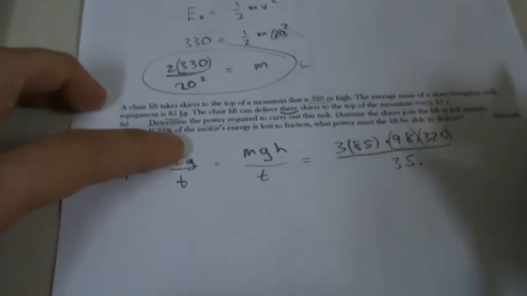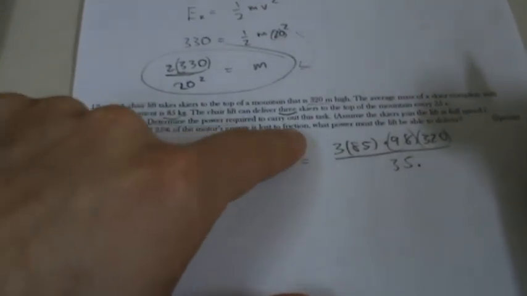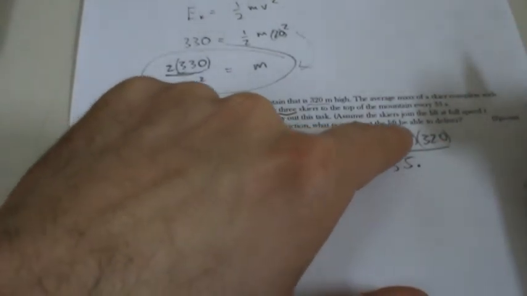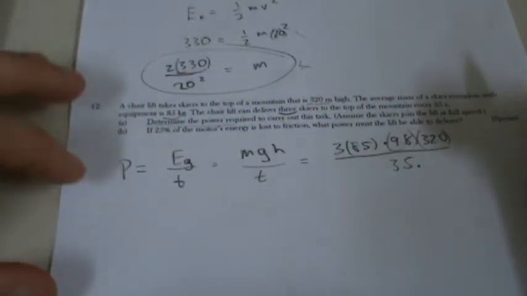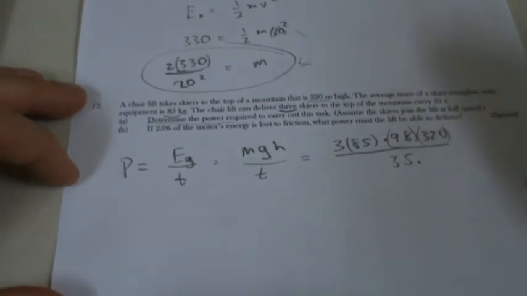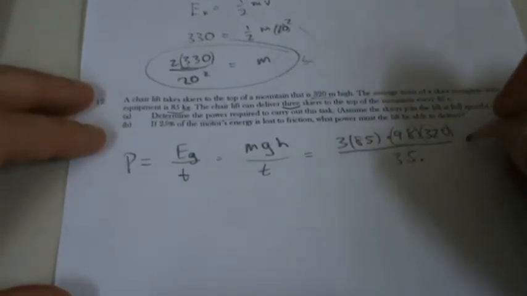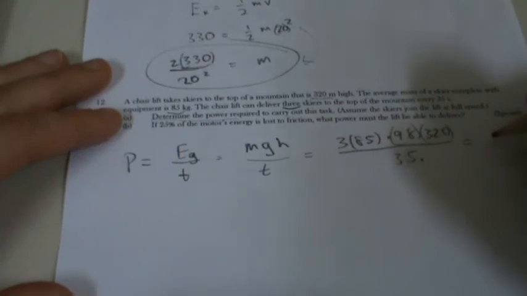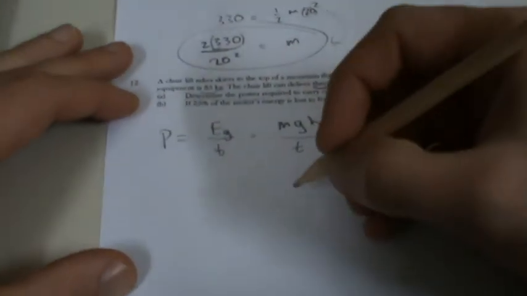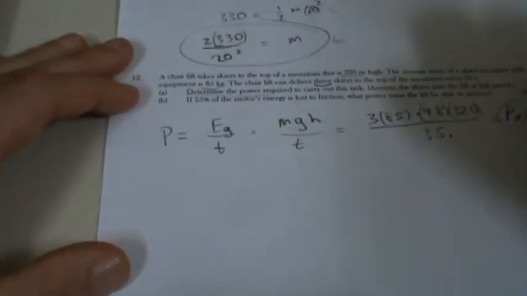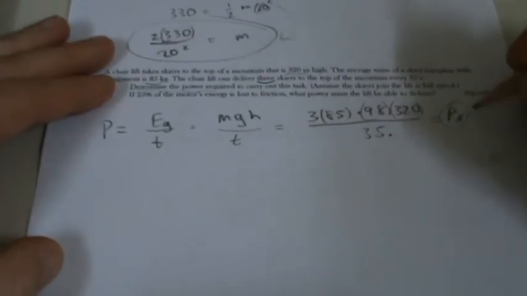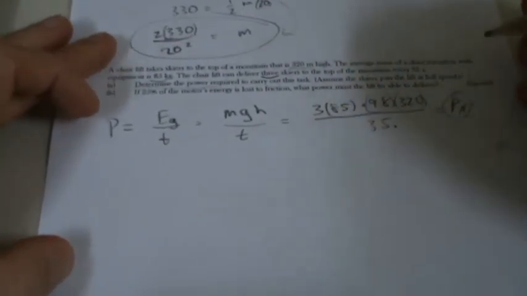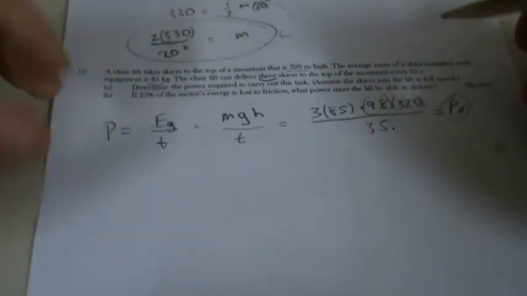If 25% of the motor's energy is lost to friction, what power must the lift be able to deliver? Okay, so let's say that this is the power that it needs, power needed. I'm going to call it Pn. This is the power that it needs to get those skiers up there.